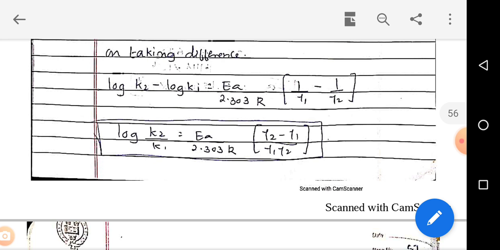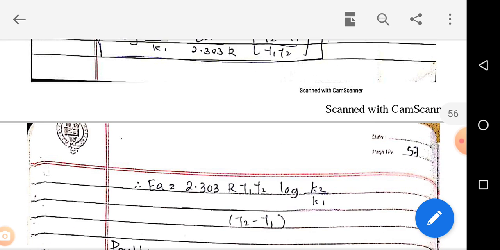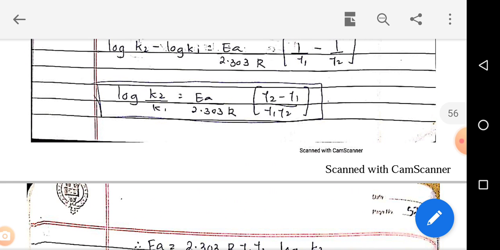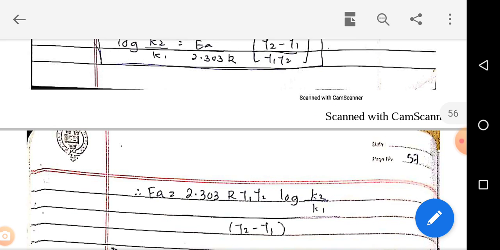Then the final equation is log K2 divided by K1 equals Ea divided by 2.303 R times, taking the LCM, T2 minus T1 divided by T1 T2. So Ea is equal to 2.303 R T1 T2 log K2 by K1 divided by T2 minus T1. This is the final equation. By using this equation you can easily find out the value of Ea.